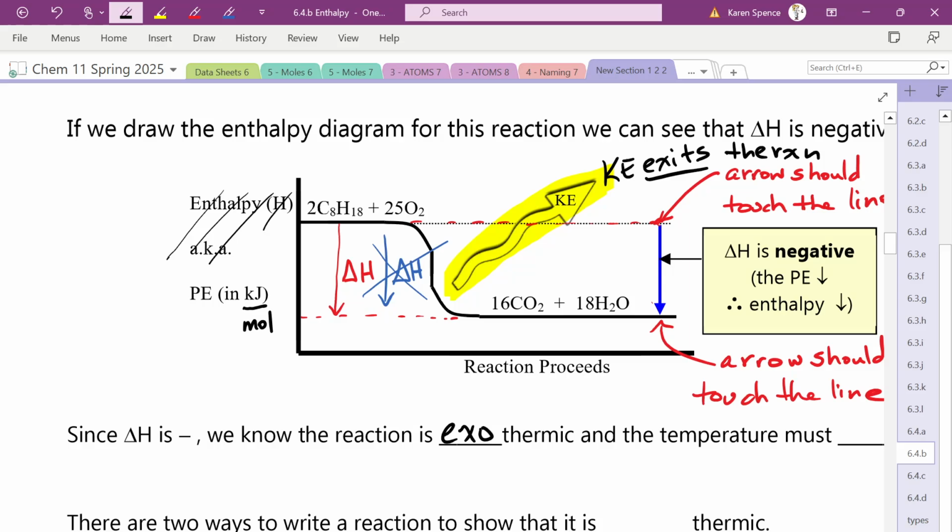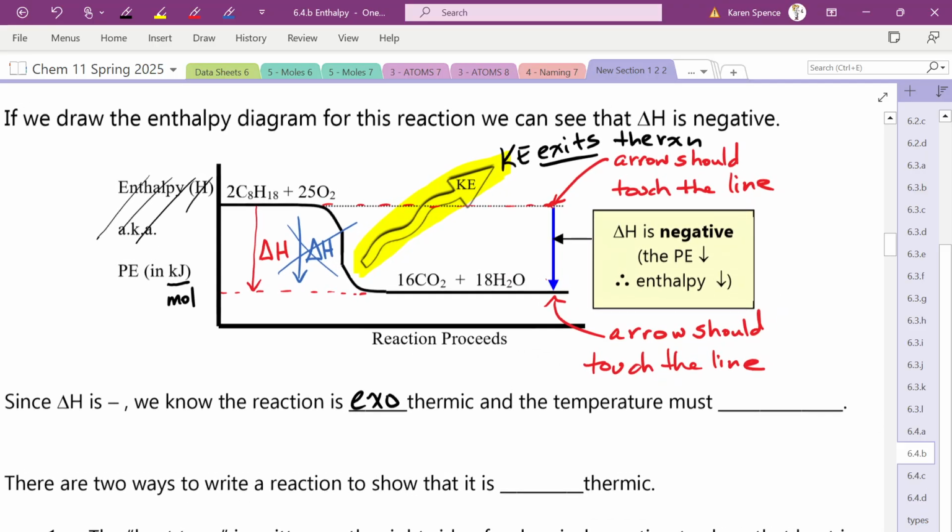What's going to happen to your temperature? Is the temperature going to increase or decrease? We used to have less kinetic energy.